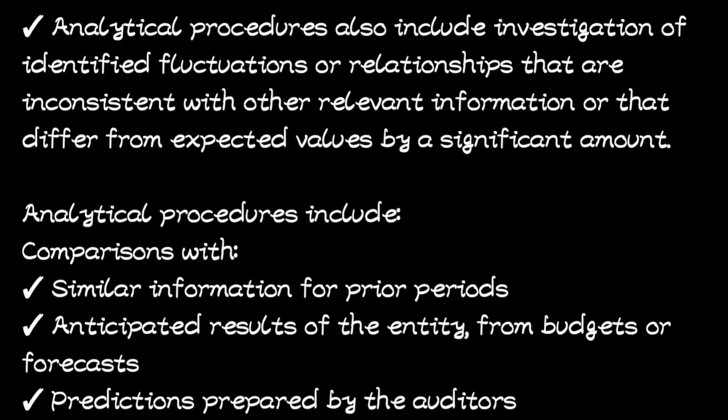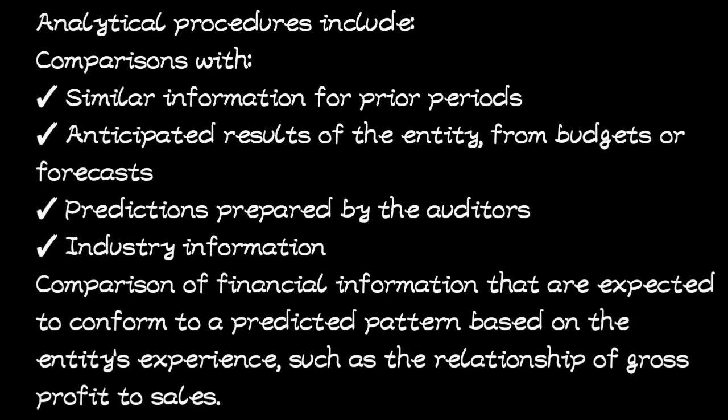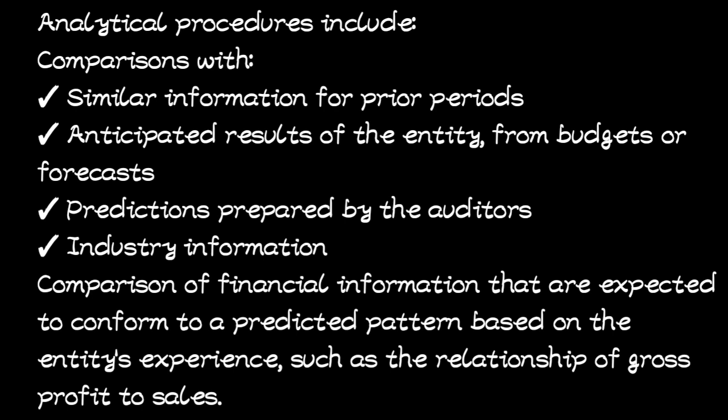So you compare and then investigate the difference. For example, if you compare what was budgeted and what actually took place, and there is a difference, you have to investigate the difference. And you can do that by calculating ratios. Since here we are comparing, it includes comparison of similar information for prior periods.